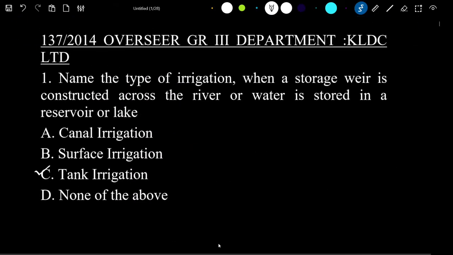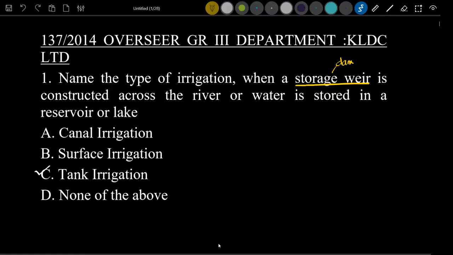So here, a type of irrigation where a storage weir is constructed is being asked. Storage weir means it is a kind of small dam. Now, when it comes to tank irrigation, it is another name for storage irrigation. But actually it does not imply large structures like dams.